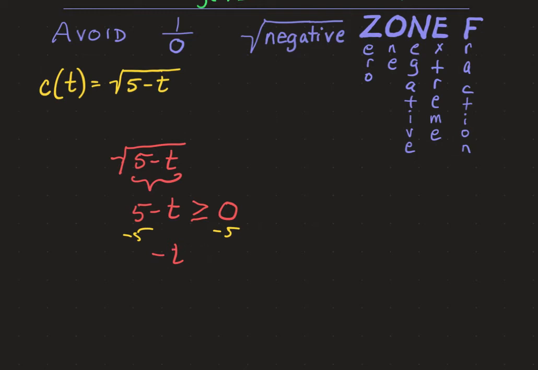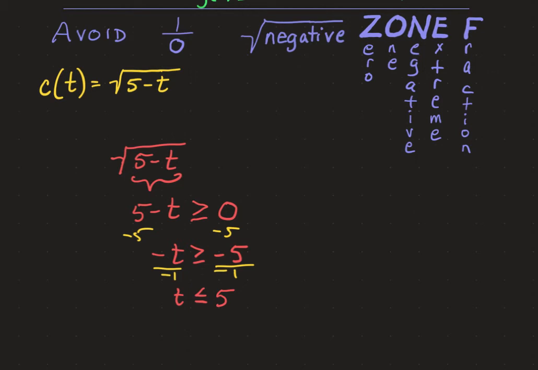That gives us negative t is greater than or equal to negative 5. And now we're going to divide by negative 1 in order to isolate the t. Okay, but remember with an inequality, when you divide or multiply by negative 1, you have to flip the direction of your inequality. So t has to be less than or equal to positive 5.